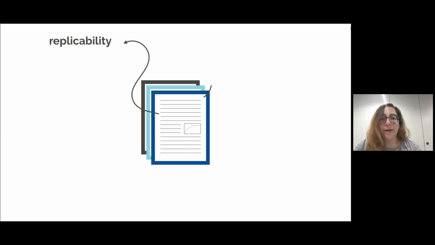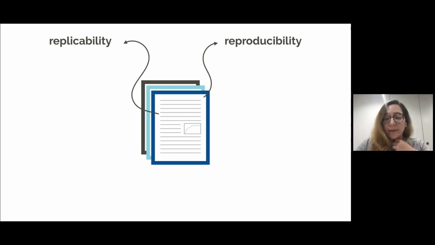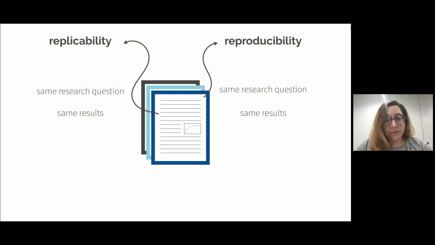We're going to be talking about reproducibility, but I want to make a distinction between replicability and reproducibility. In both of these situations, we're talking about the same research question. We want to say that if a study is replicable or reproducible, you should be obtaining the same results.